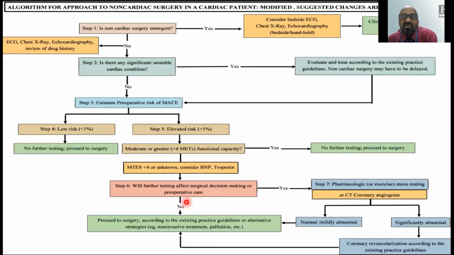What we have done in our own write-up, which was published in the Journal of Cardiothoracic and Vascular Anesthesia in the year 2019, we said that in the Indian subcontinent, cardiovascular disease is rampant and it is the commonest cause of death in adults in this subcontinent.